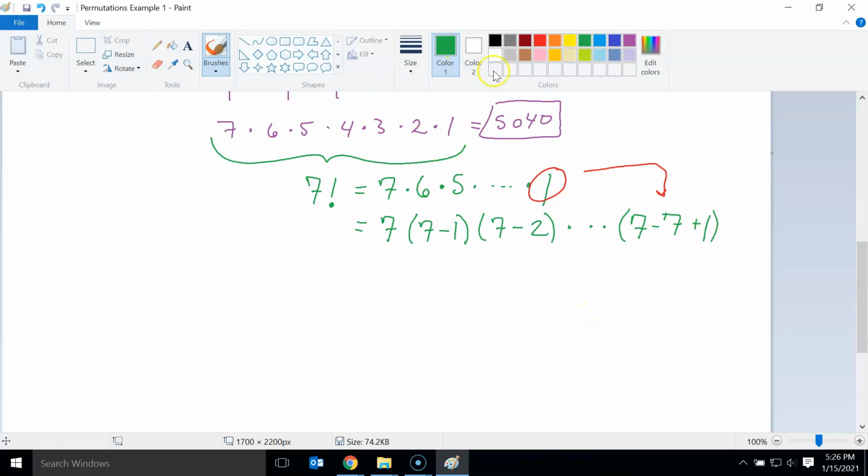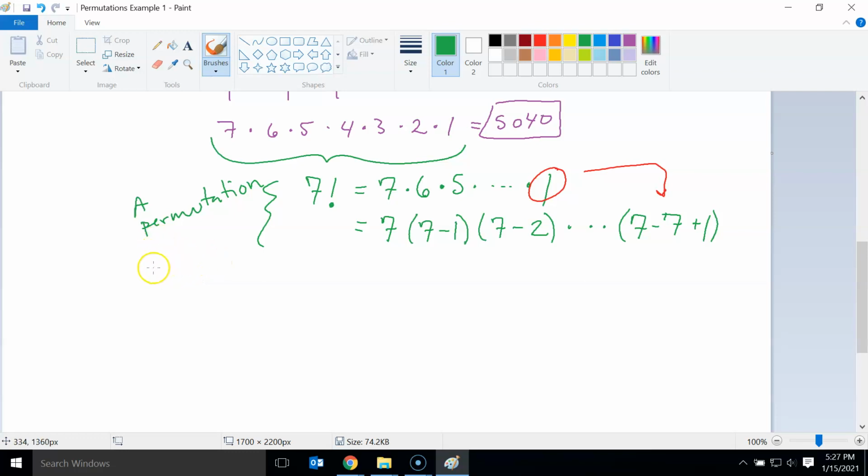So right now we're just examining what we have. We're thinking about what this factorial is and what it's telling us. Remember, this is a type of permutation. And because it is a type of permutation, let's just remind ourselves, this is a permutation of 7 objects.